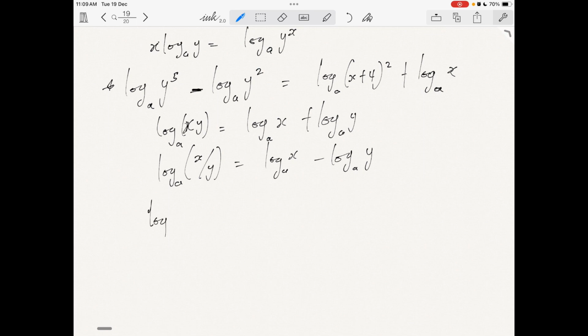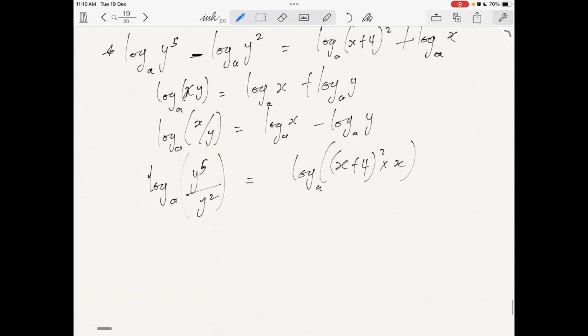Since we have subtraction here, it will end up being division. So we have log_a of y raised to power 5 divided by y squared will be equal to log_a of, since it is addition here, it becomes multiplication in logarithm, (x plus 4) all squared multiplied by x.